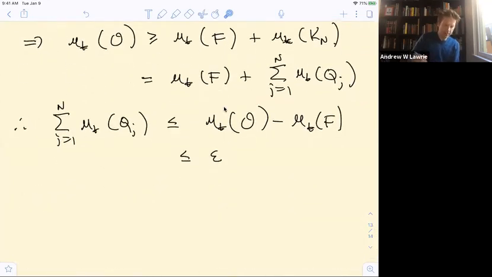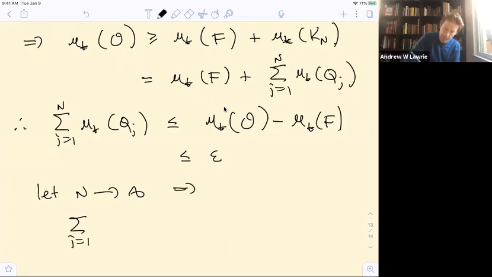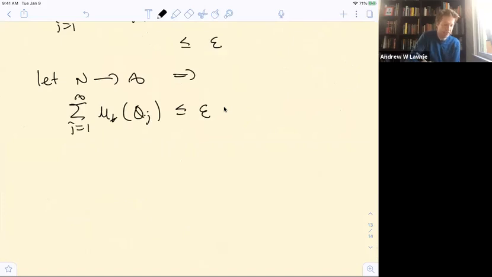Okay, so now let n go to infinity. This implies the sum is less than epsilon.